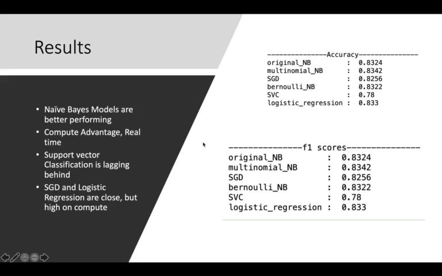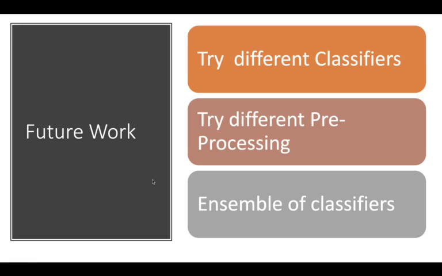And coming to support vector machines, that classification is lagging behind. That might be due to less data or high dimensionality compared to the data, since we have 5,000 features. So that is a lagging point, and SGD and logistic regression are close. So what more work can we do?